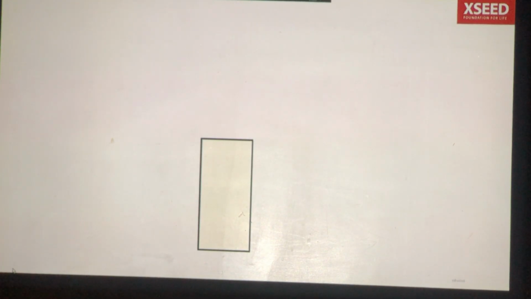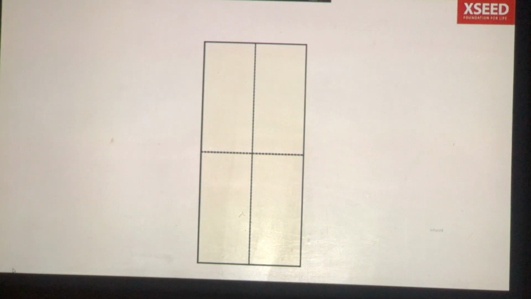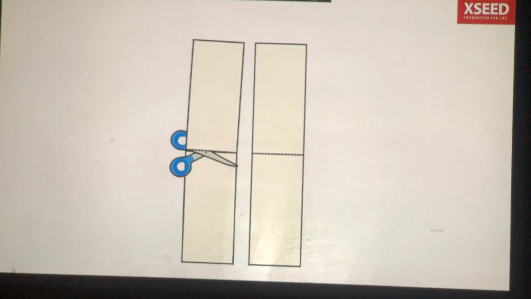Fold the other strip of paper like this, and then one more time, like this. Unfold it and cut along the fold lines to get 4 slips of paper.